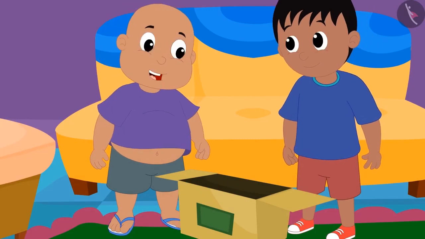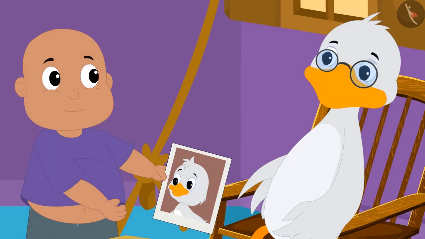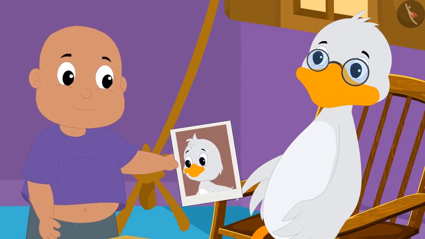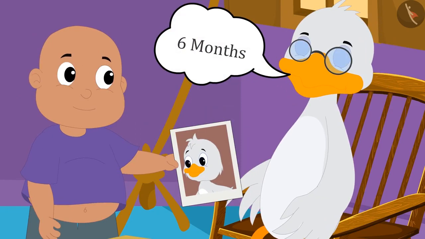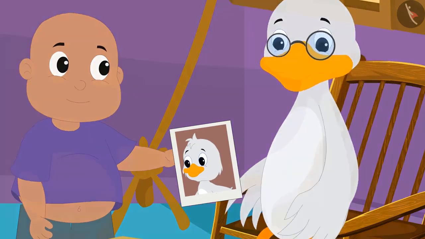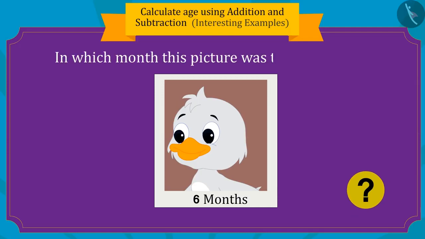Now, Bablu got a picture of Uncle's childhood. When Bablu asked Uncle, it was revealed that Uncle was only 6 months old in this picture. Children, can you tell us in which month this picture was taken in 1962?